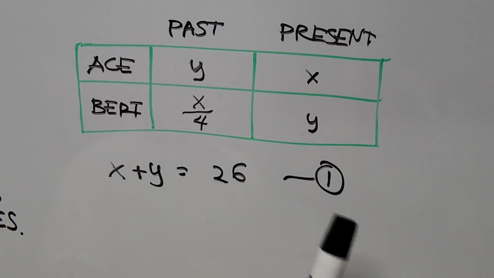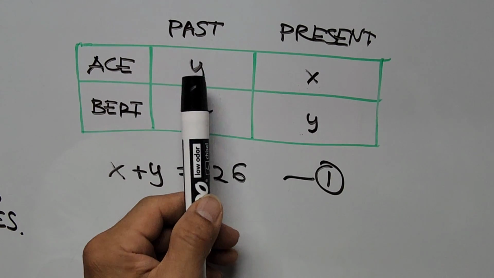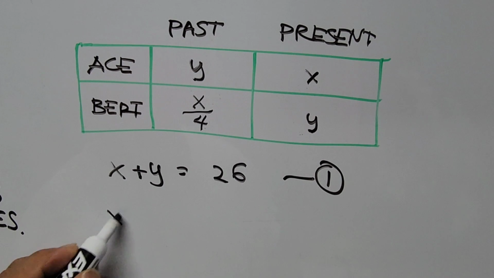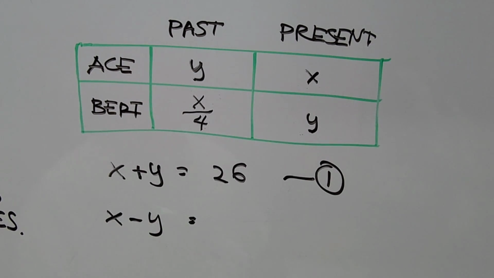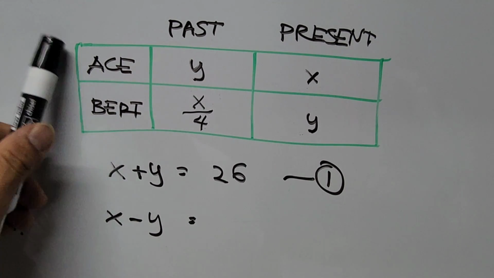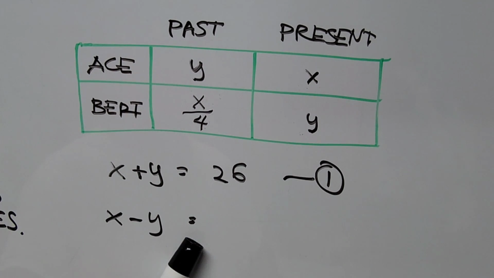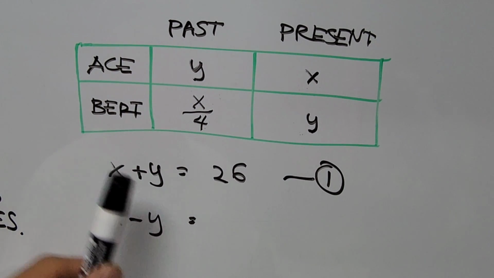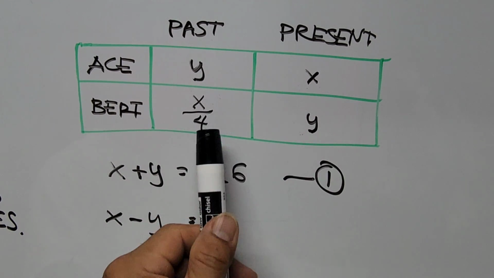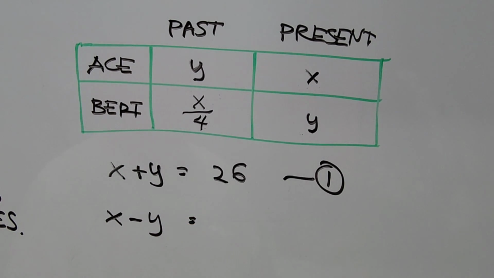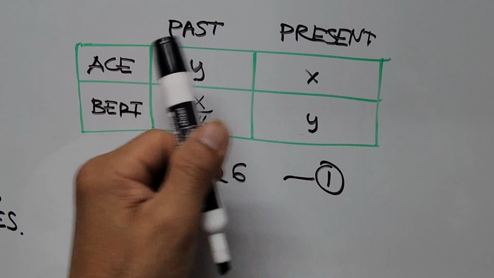So let's do that. We have here x minus y, present age minus past age, and this must be equal to Bert's present age minus the past age, right? So the difference between the present and the past.